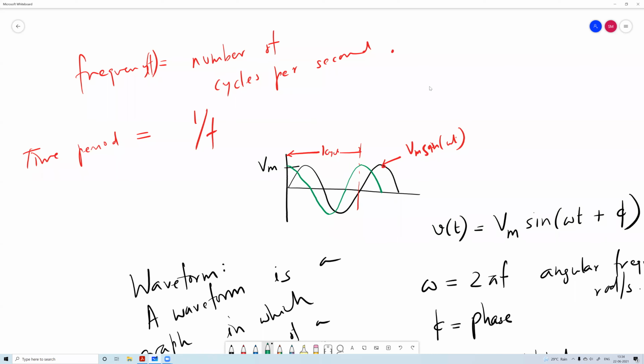Okay. So this leads the black waveform by 90 degrees, isn't it? The green waveform leads the black waveform with a phase angle of 90 degrees. Do you agree?